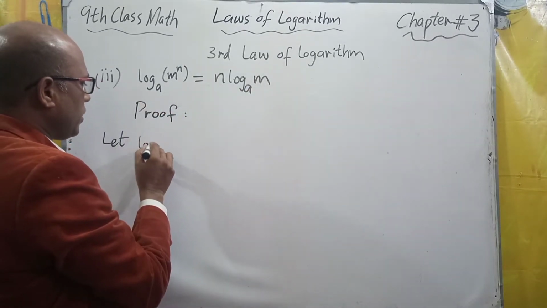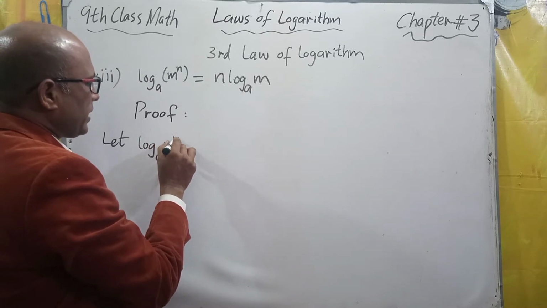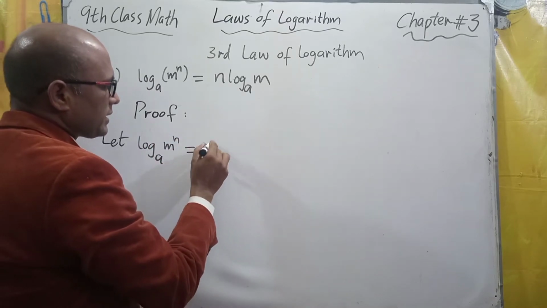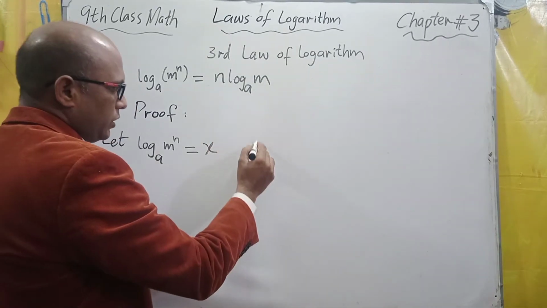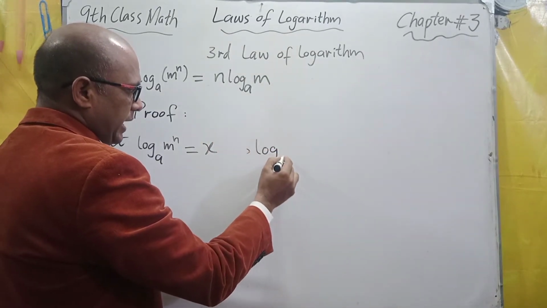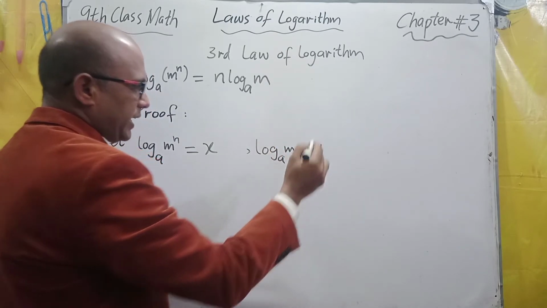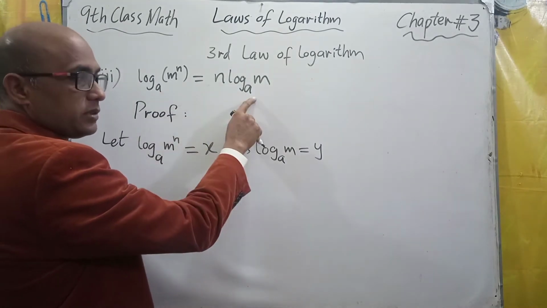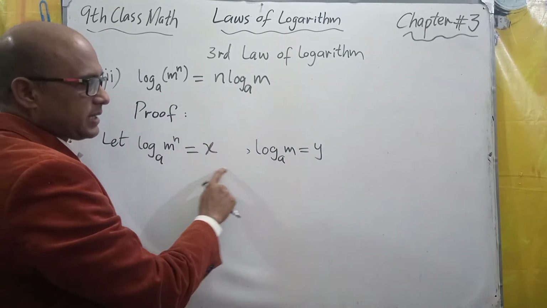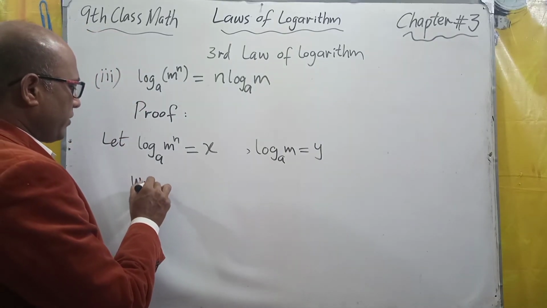Log a of m power n is equal to x, comma, log a of m is equal to y. We have let these both equal to x and y.